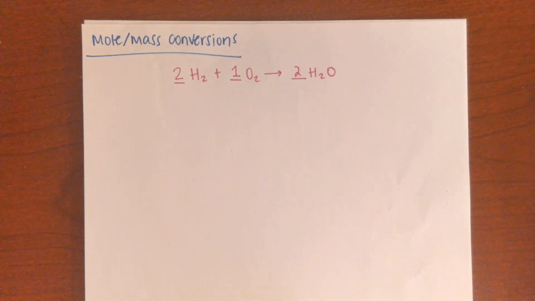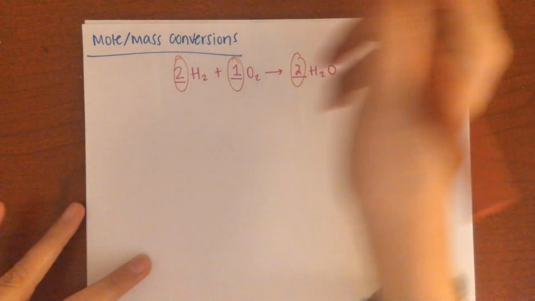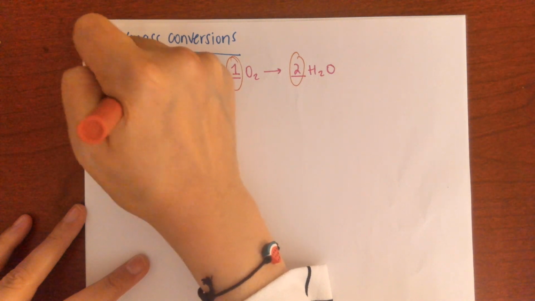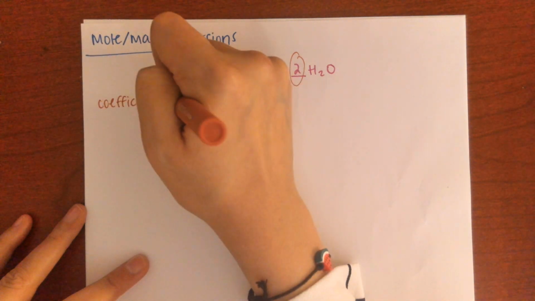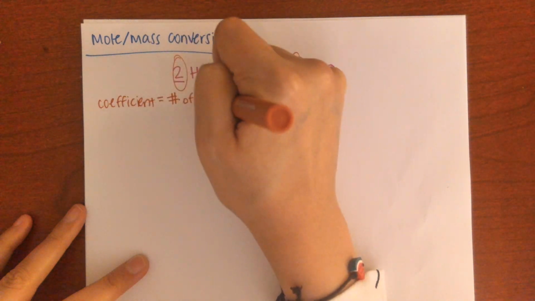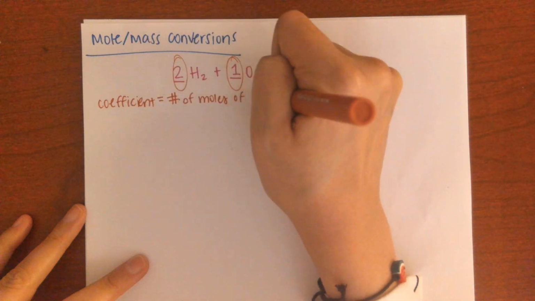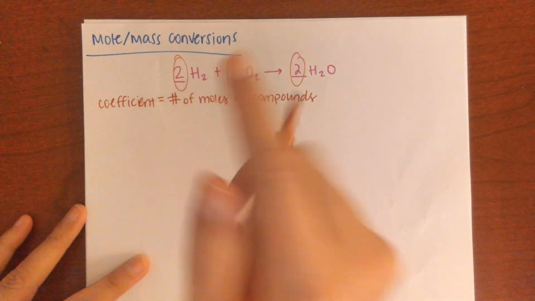So as a reminder, these numbers here, the coefficients tell you the mole ratio. So coefficient equals number of moles of each compound. So for example, I have 2H2.